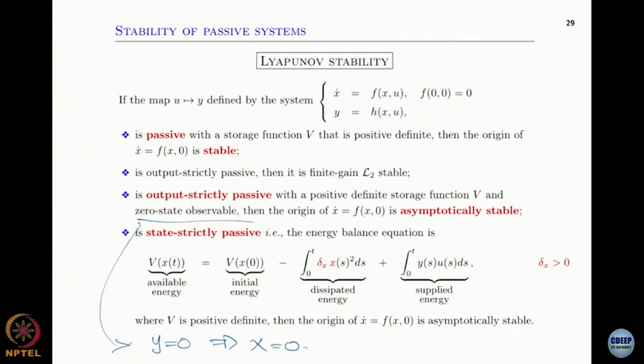So if you have worked with Lyapunov, essentially what we have in this situation of output strict passivity is that if V is my energy equation, we will have V dot, because it is output strictly passive, minus y squared plus uy.